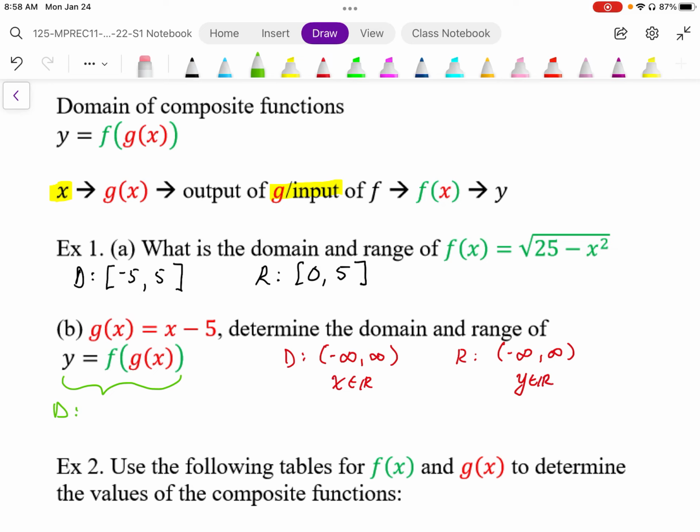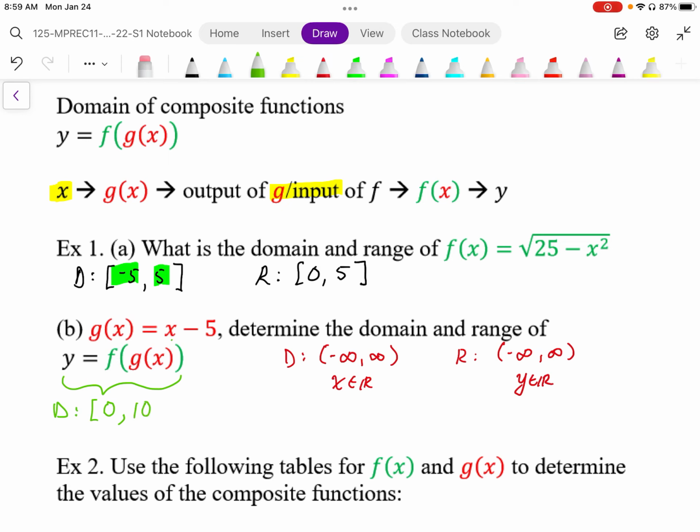So we need -5. If I plug in 0, I get the left boundary of that domain. And then I need a domain of +5. The domain of the outside function is going to match that 0. And then for the right edge of that domain, +5, I have to figure out the input into the g function. Well, I need a 10 minus 5 to get the +5.